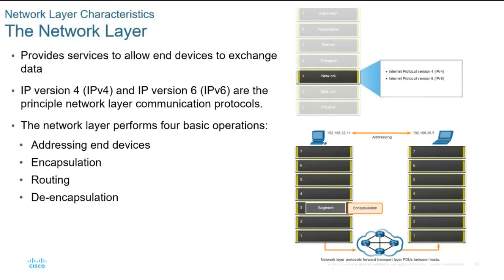And also the de-encapsulation. When the packet arrives at the network layer again, of the destination host, the host checks the IP header of the packet. So in layer 3, yung encapsulation, yung segment galing sa transport layer, sa layer 4.